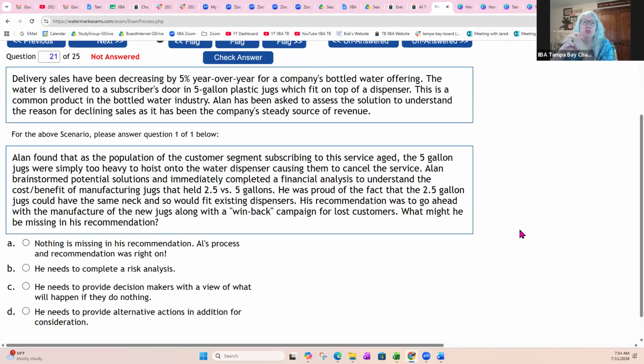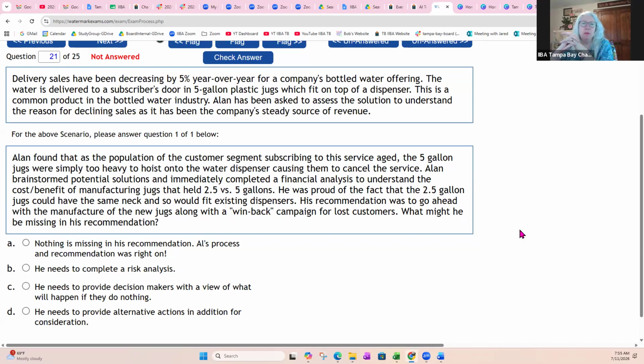Allen brainstormed potential solutions and immediately completed a financial analysis to understand the cost benefit of manufacturing jugs that held 2.5 versus 5 gallons. He was proud of the fact that the 2.5-gallon jugs could have the same neck and would fit the existing dispensers. His recommendation was to go ahead with the manufacture of the new jugs along with a win-back campaign for lost customers. What might be missing in his recommendation?